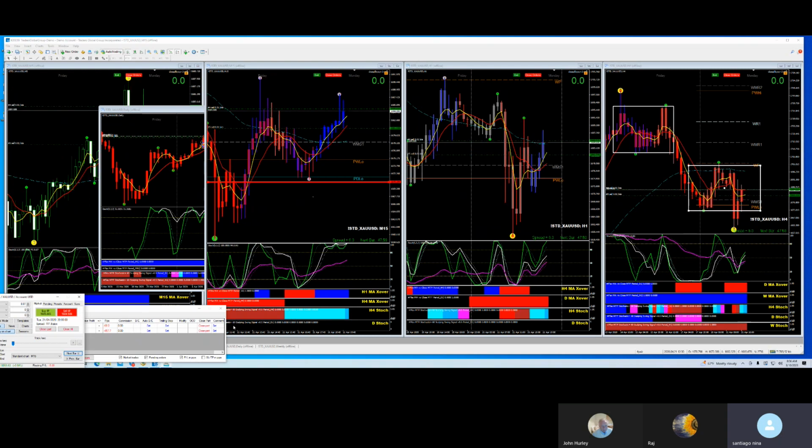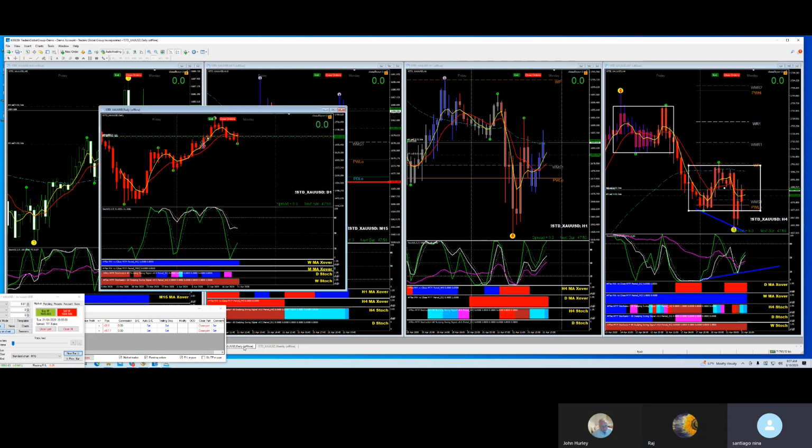But we do have divergence. Lower low and higher stochastic, yeah. And if we look at the daily, it's trying to cycle up. So that's why it's having a hard time breaking through. Correct, because the daily is trying to get back into a pattern.